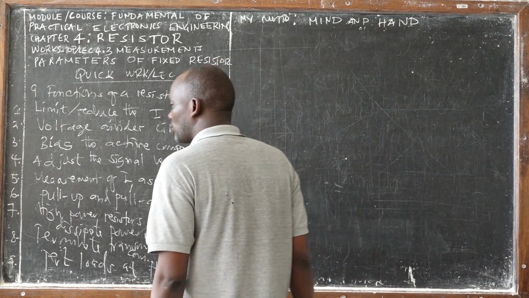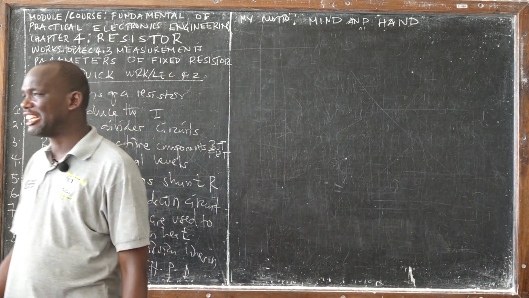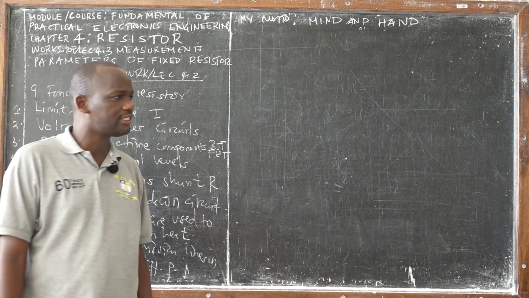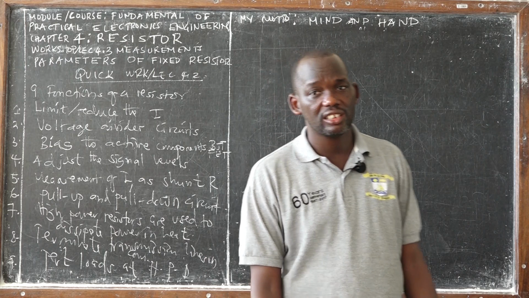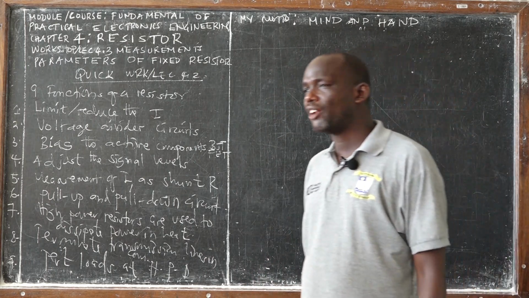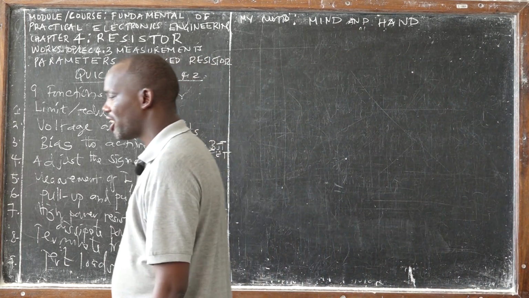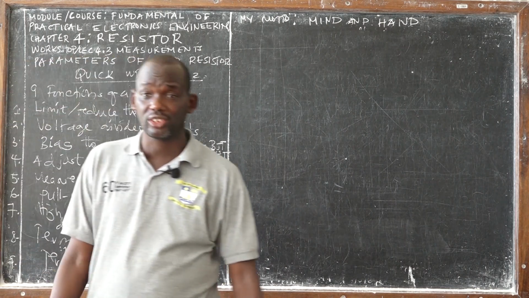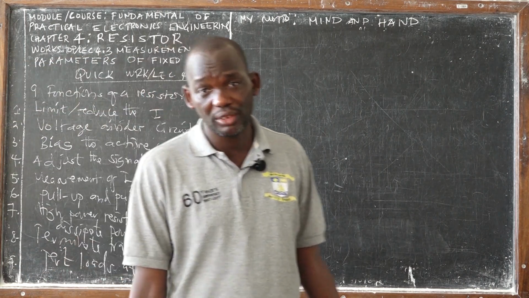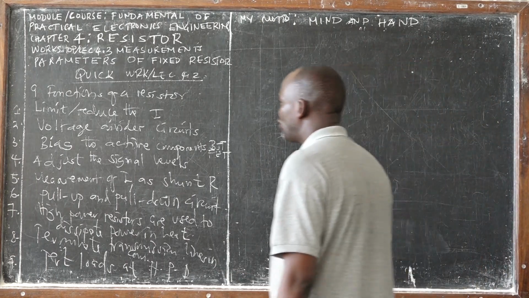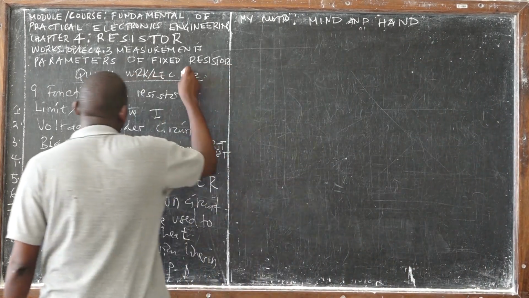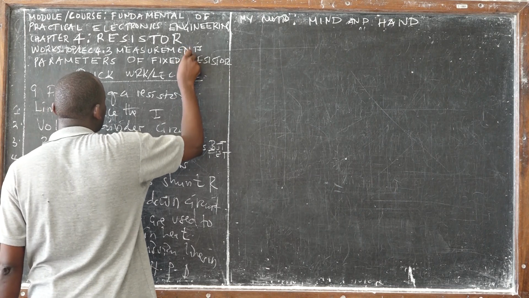Fixed resistor, we have to narrow, because if we don't narrow it to fixed linear resistor, we can also discuss some measurement parameters of non-linear ones. For instance, one of the measurement parameters of a resistor is temperature. That's all about the thermistor, and the thermistor is non-linear. So let us narrow the concept: measurement parameters of fixed linear resistor.